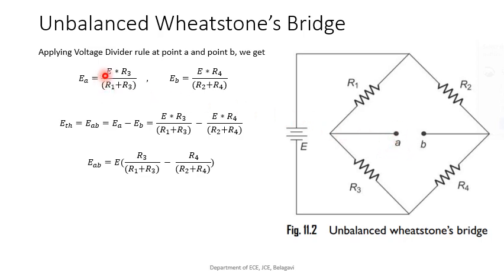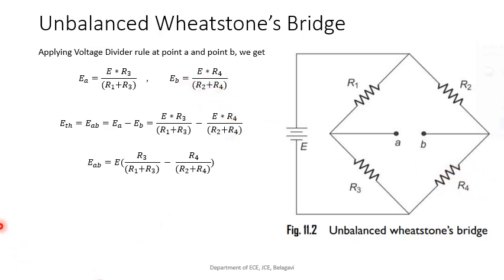That is given by E into R3 divided by R1 plus R3, using the voltage divider rule. In the same way, the voltage at B will be E into R4 divided by R2 plus R4.